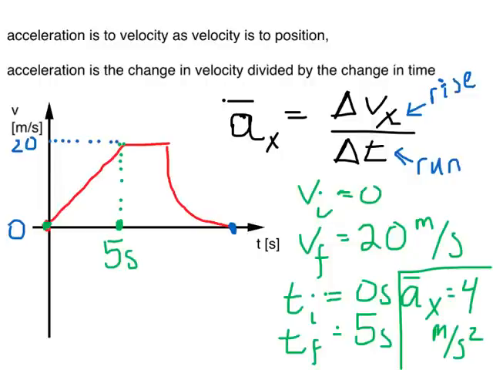And since it's a rise over a run, that's also going to be the slope of this line here. Okay, so it's just an analogy with position. Only I'm looking at a velocity as a function of time graph as opposed to a position as a function of time graph.